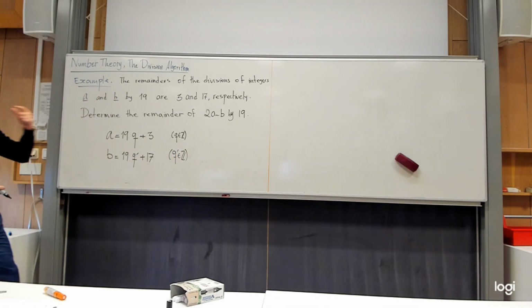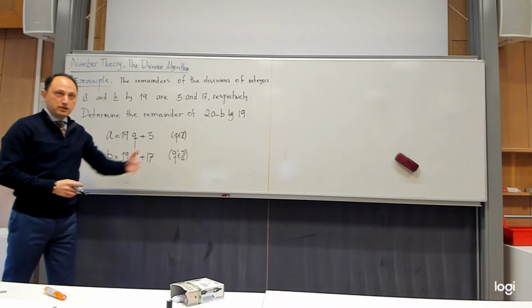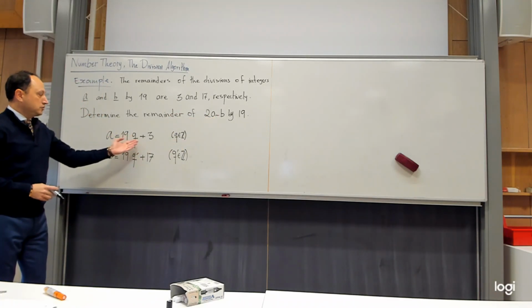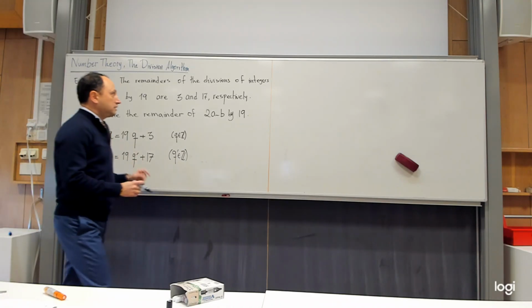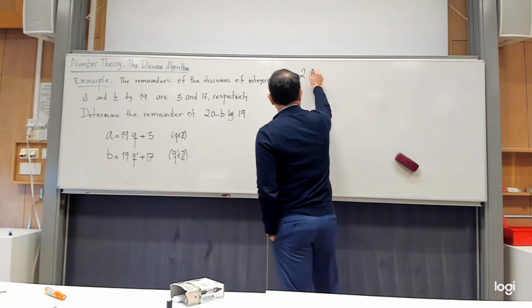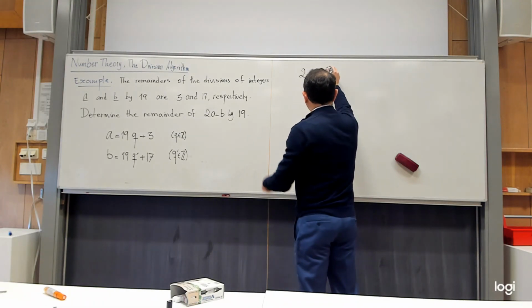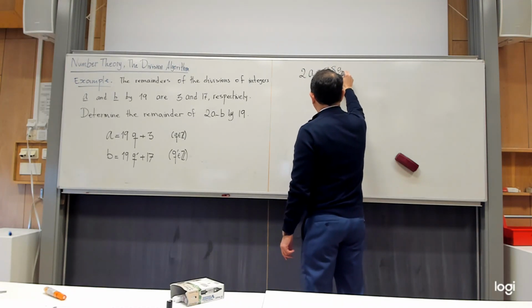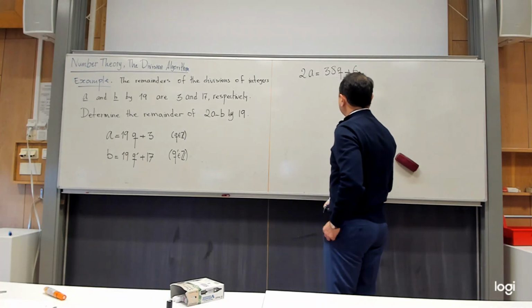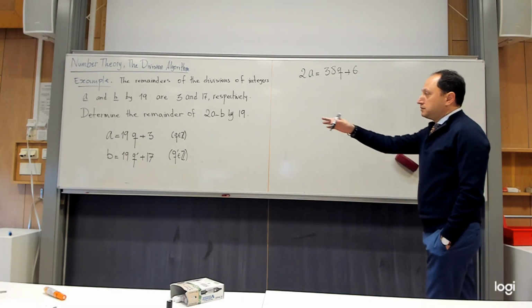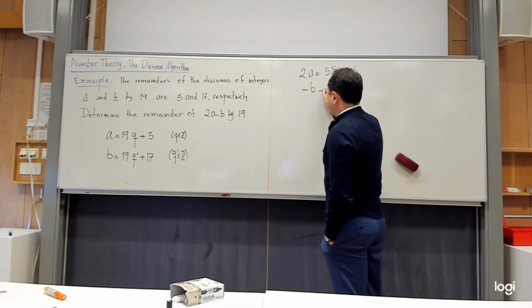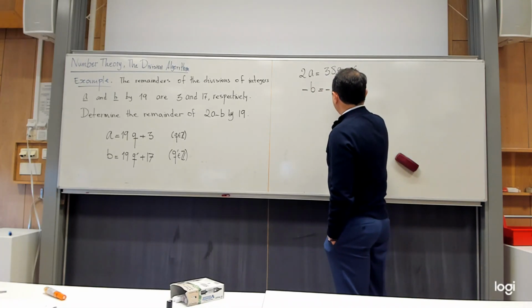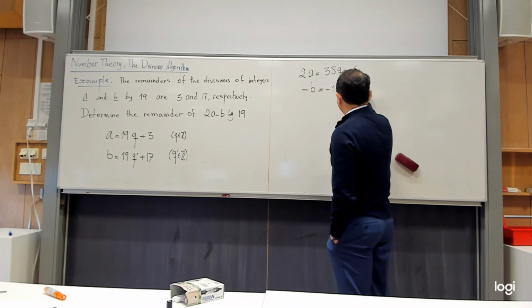But then I want to have this combination. So it is natural, yes? I need to multiply this by 2. I need to multiply the other by negative 1 and add them together. If I multiply this by 2, it becomes 2a. It becomes 38q plus 6. And if I multiply the lower one by negative 1, it becomes negative b is minus 19q prime minus 17.